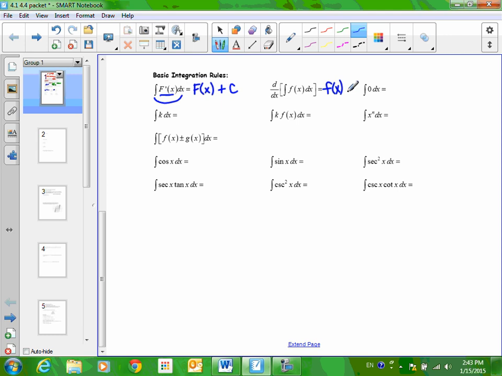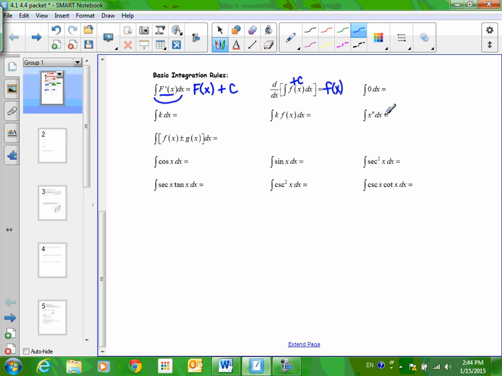Or what's being done to the whole function? It's having its derivative taken. So even if you're like, no, there should be a plus c somewhere in here, well, what would happen when you took the derivative of that plus c? It would go away. So we don't have a plus c there. Okay, right now this may be confusing. When we really do problems, this will not be as confusing because you will actually be deriving and integrating and all that. So don't stress about that.